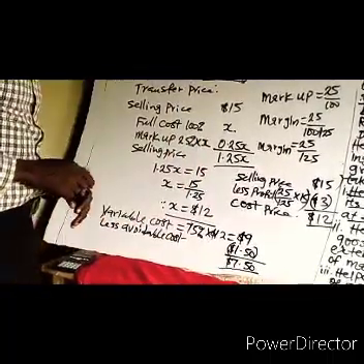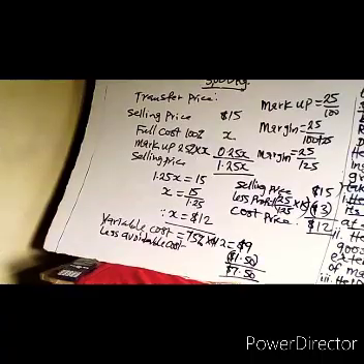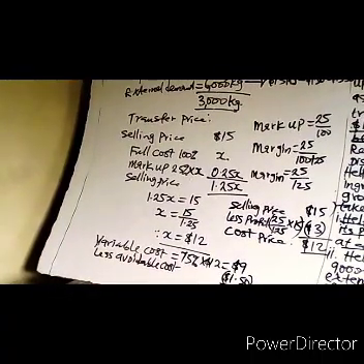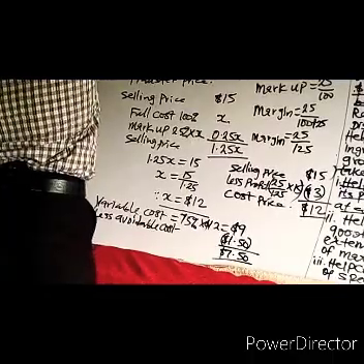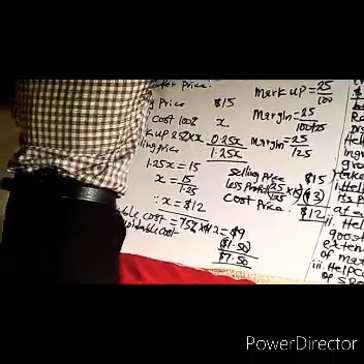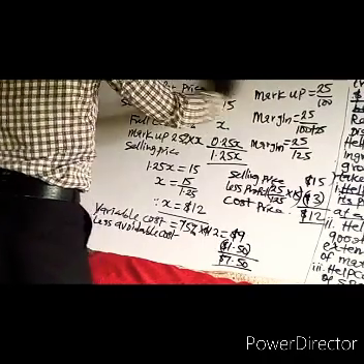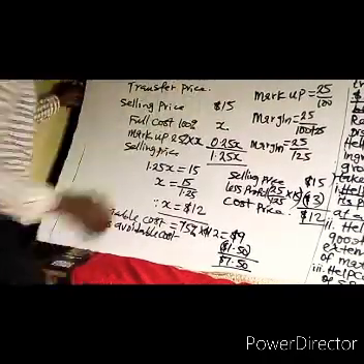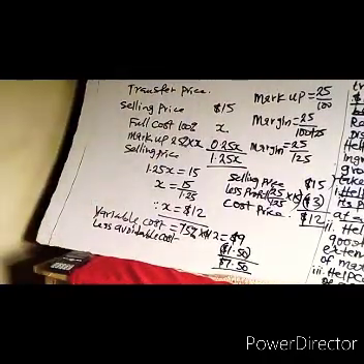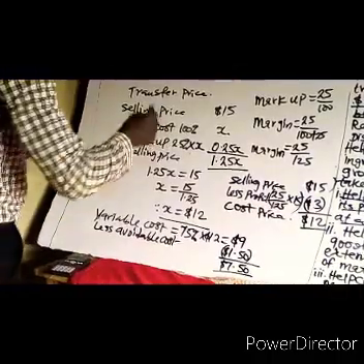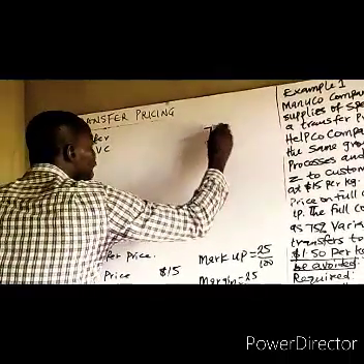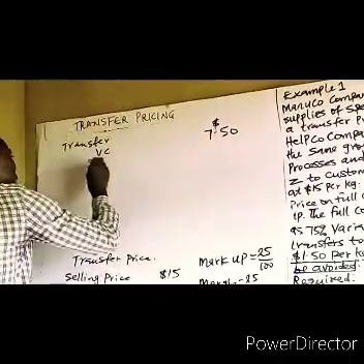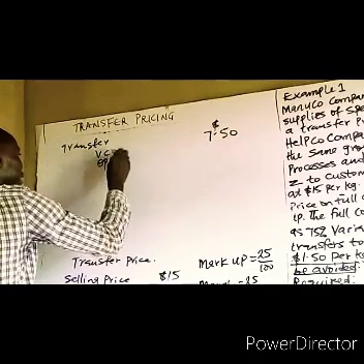So your transfer price now, we said transfer price should be the variable cost of production plus the opportunity cost of making the transfer. Our variable cost is $7.50. What is the opportunity cost of making the transfer?